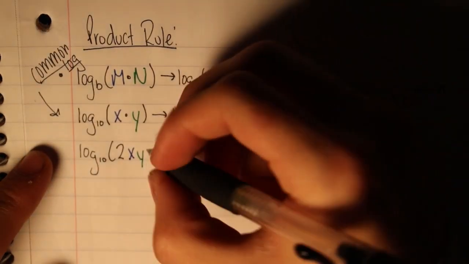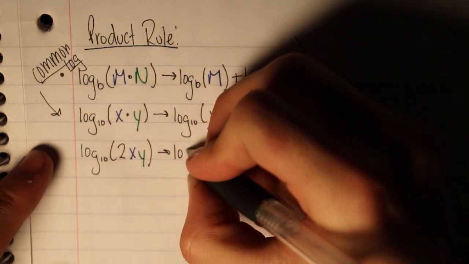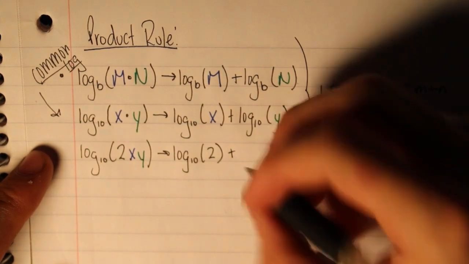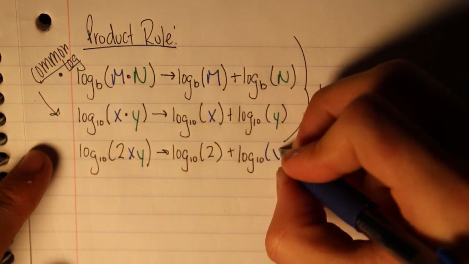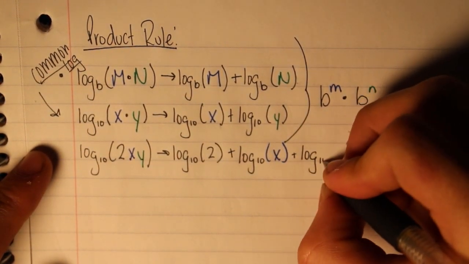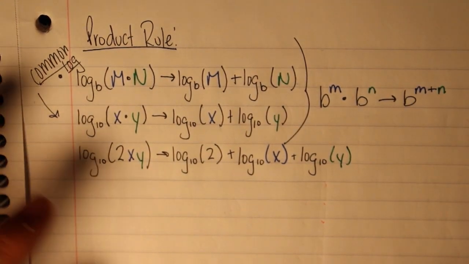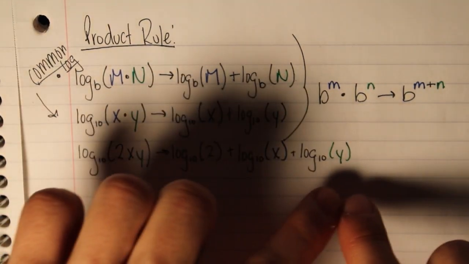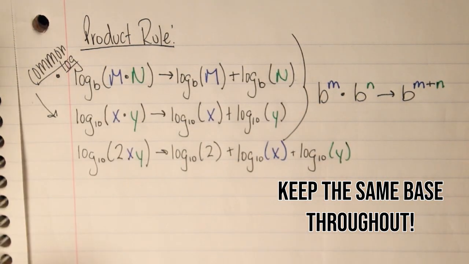All we have to do is break it up into three separate parts: log base 10 of 2 plus log base 10 of x plus log base 10 of y. All we did is take our multiplication and separate it out with addition. It's the same thing as doing this. All right, that's all we're doing with the product rule.